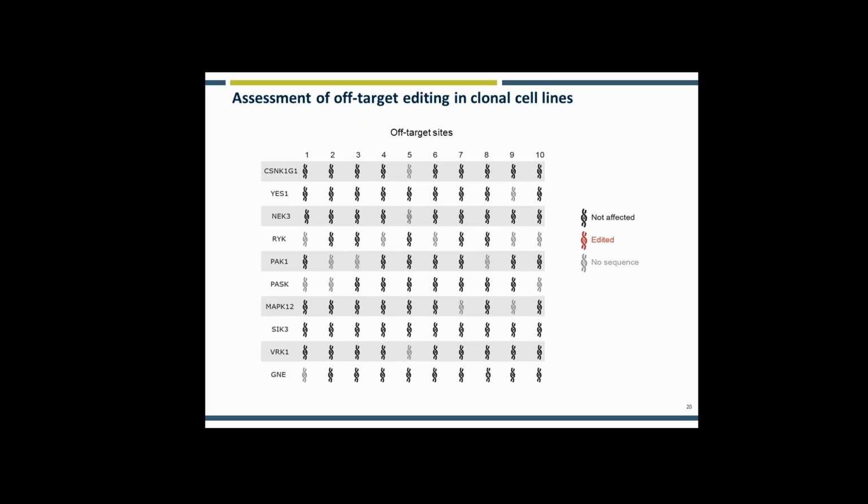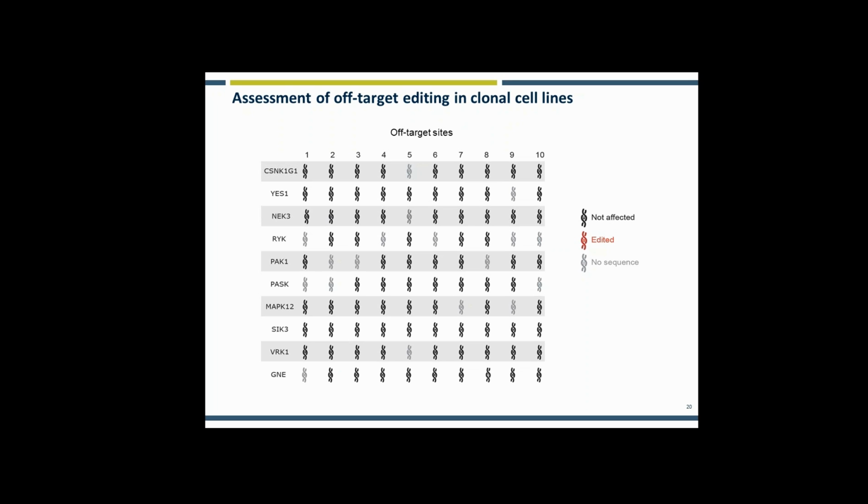And so to do that, we took 10 clones in which we'd already confirmed the on-target disruption, and then took the 10 most likely predicted off-target sites for the guides used to generate those clones, and looked for evidence of disruption at those off-target sites. And in no case did we find any off-target disruptions.